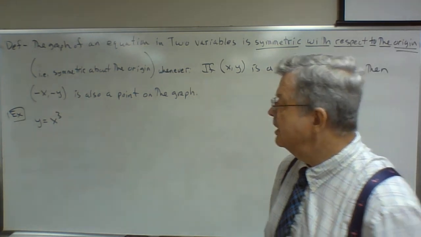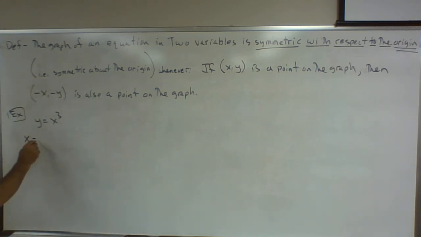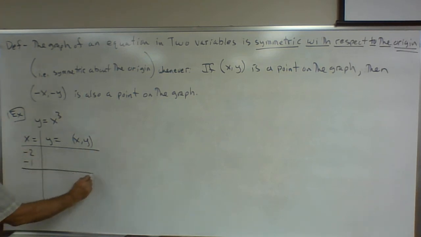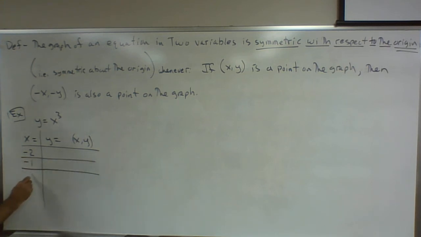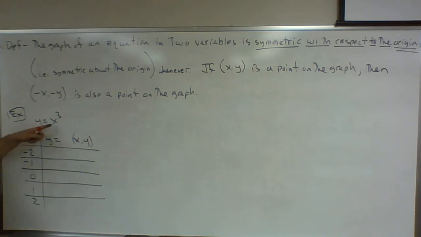To graph this, we're going to plot some points. X, y, (x, y). And we'll take our old friends, -2, -1, 0, 1, and 2. X is -2. We plug that in for x, and y equals -2 cubed, which is 8.